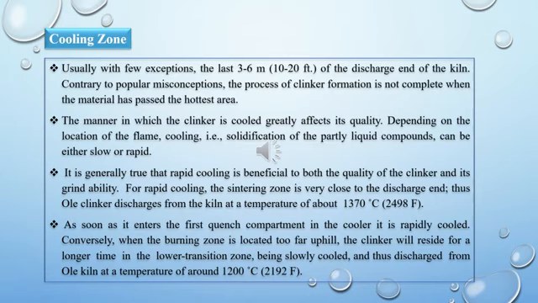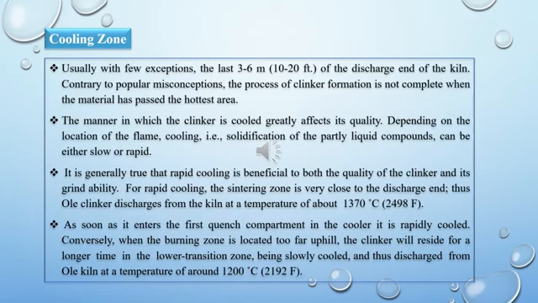Depending on the location of flame cooling, solidification of partly liquid compounds can be either slow or rapid. It is generally true that rapid cooling is beneficial to both the quality of the clinker and its grindability.